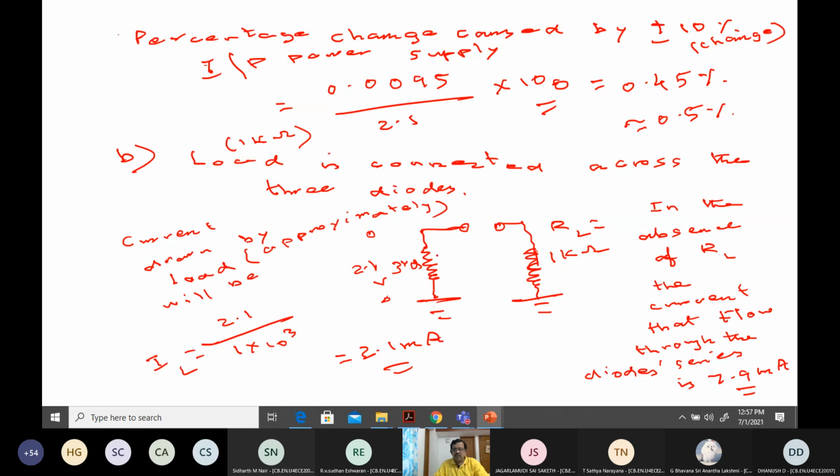Naturally, there will be changes in the current in the load. That is the first point I made, that the regulated power supply will be affected as a result of connecting the load which draws the current. So that will affect this. So this much current would have decreased. Now, how much of that will reduce the voltage drop across these 3 diodes?